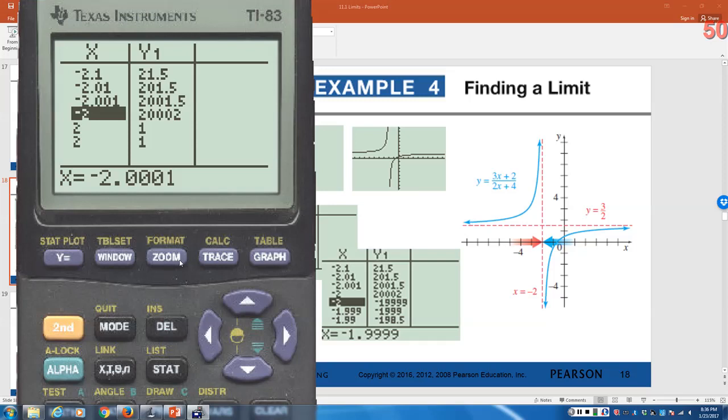Okay, let's try going from the other direction. On the other side I might go to negative 1.9, and then to negative 1.99, and then to negative 1.999.